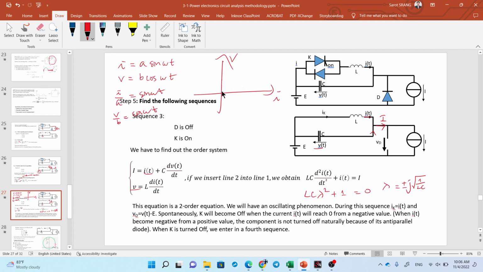Maybe 0 around here, depends on this plus some constant C, this one plus some constant D. So I would write I minus C here, V minus D here. So the ellipse might have its center here, right?